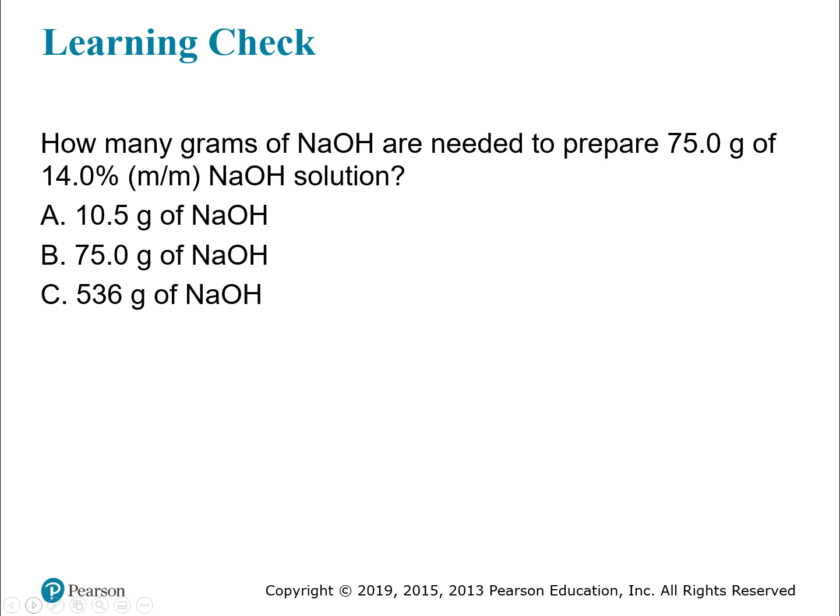Okay, what does this mean? 75 grams. We need to figure out what that number really is. That's the amount of solution. We're trying to make a solution with that mass, right? And we're trying to figure out how many grams of NaOH. That's the mass of the solute.